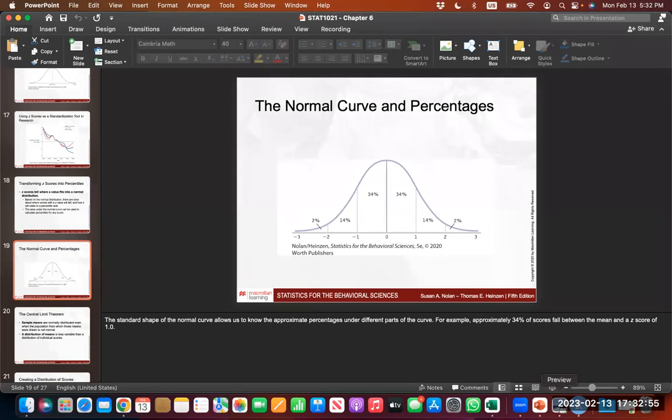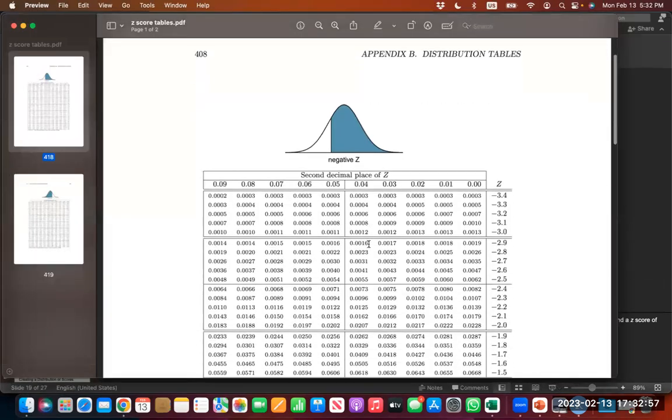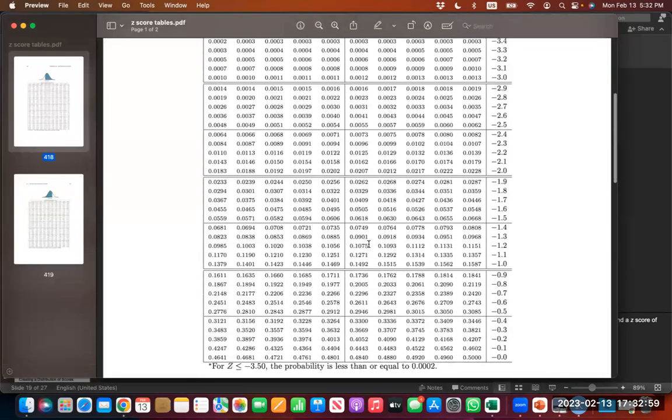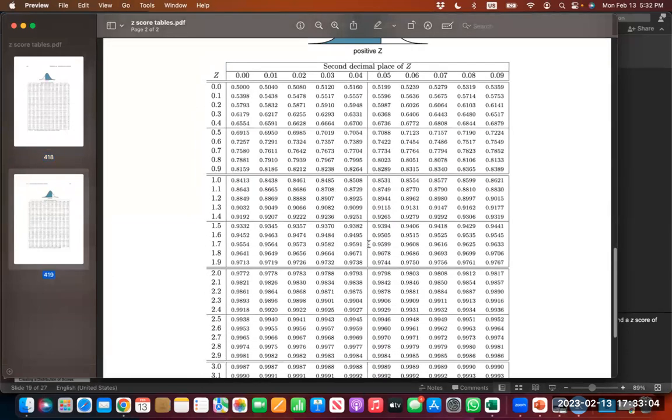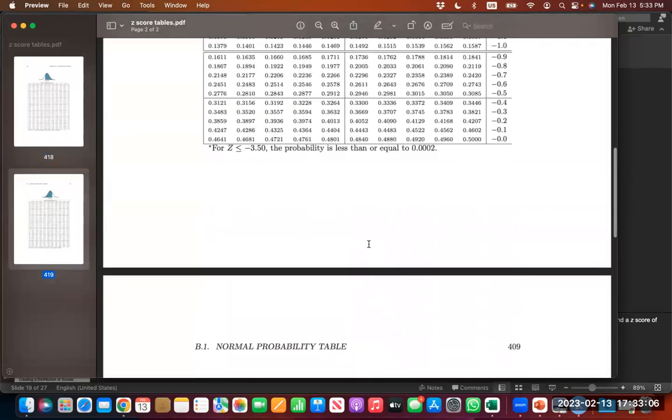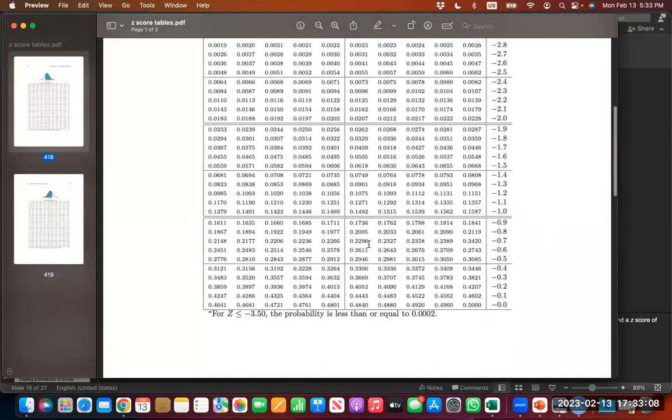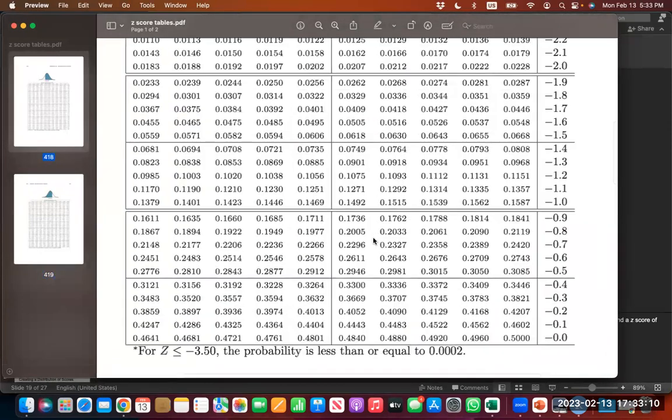The Z distribution table allows you now to characterize negative Z scores and positive Z scores and the relationship of the normal curve to these Z scores in much detail.